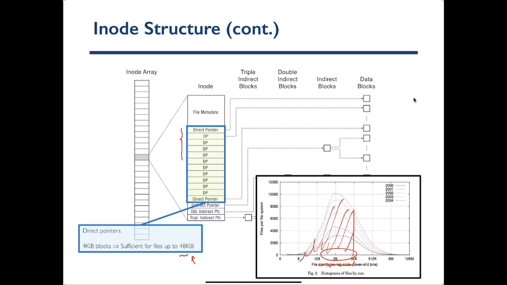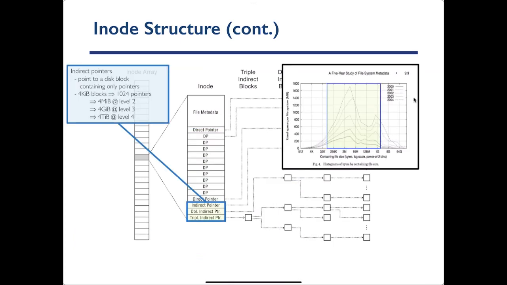They could all fit by using some of these direct pointers. That would be enough to cover them. Now, with indirect pointers, you can cover the majority of big files. We discussed that you could have a few big files, but they're big, so they're going to consume a lot of storage. This is our attempt to cover them as well.